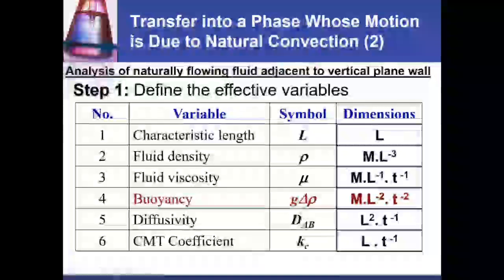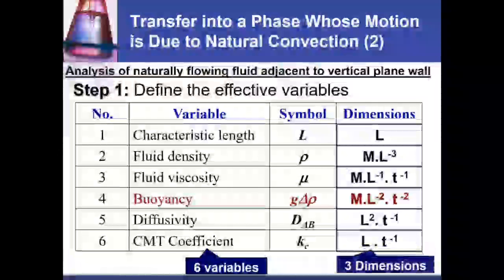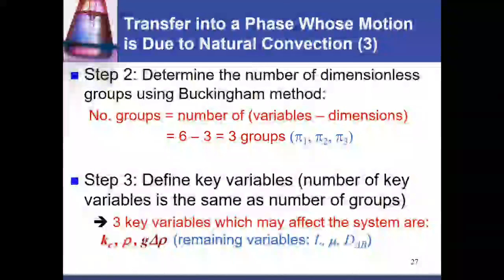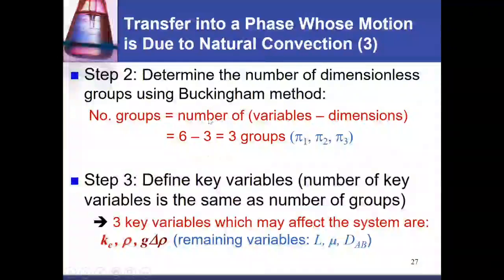Mu, rho, DAB, and Kc are the same. So we have 6 variables and 3 dimensions again, L, M, and T. Using the Buckingham method, we will have 3 groups, the number of variables minus the number of dimensions. We call them pi 1, pi 2, pi 3, and we define key variables. We define 3 because we have 3 groups.